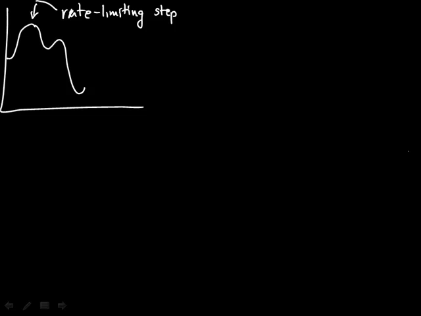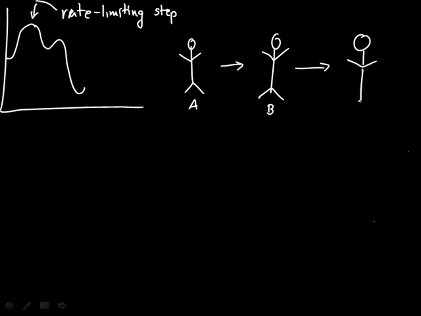What I find a good analogy of this is a production line, and I'll draw a couple of caricatures. So if we have a production line where person A feeds unfinished product to person B, who then takes the unfinished product to person C, who then finalizes the product.